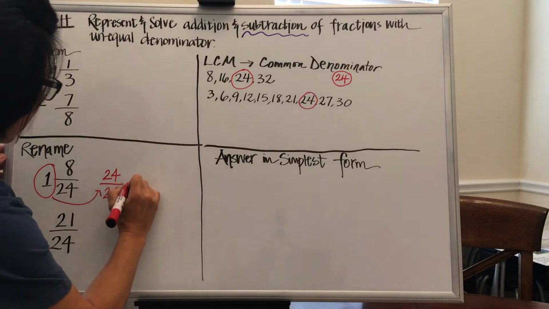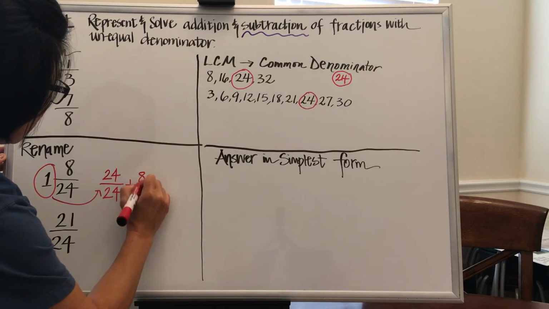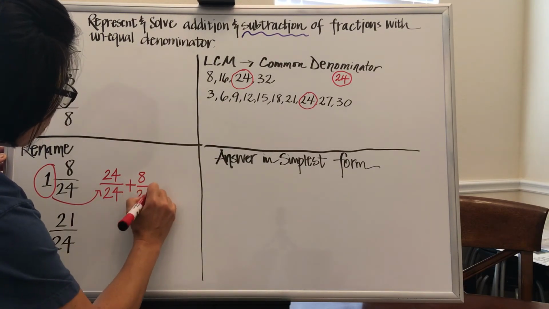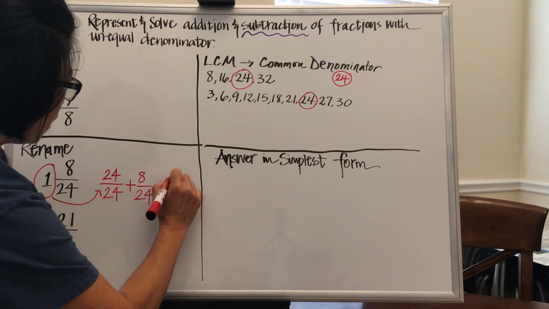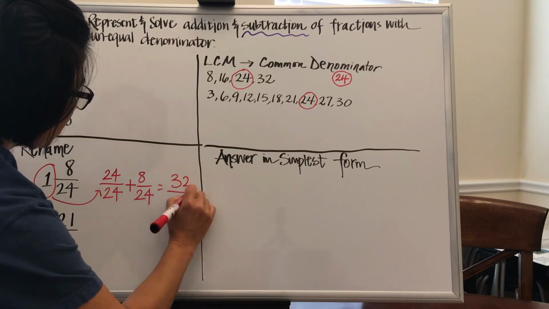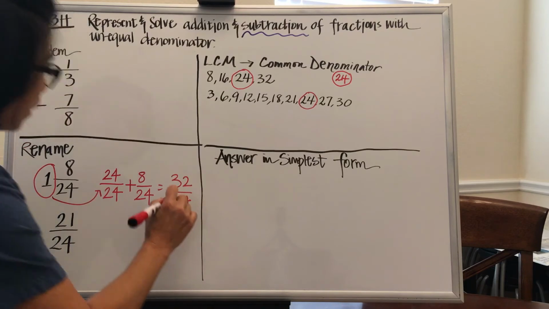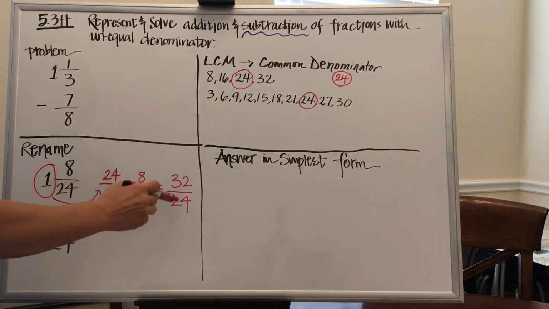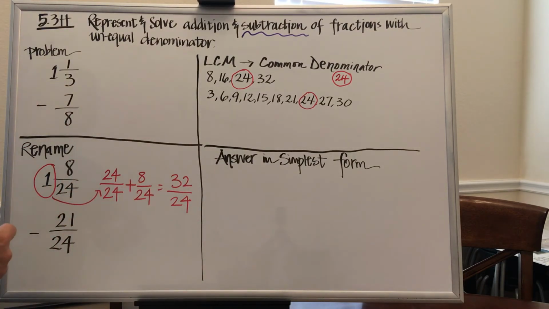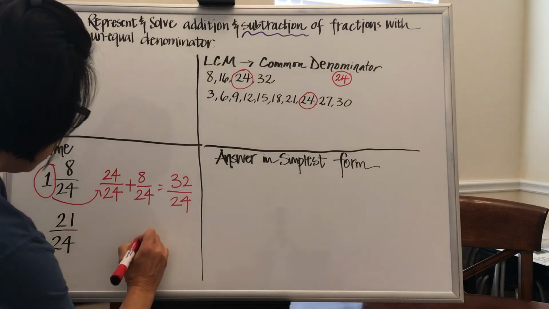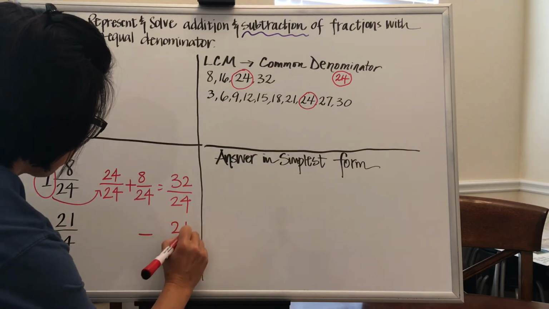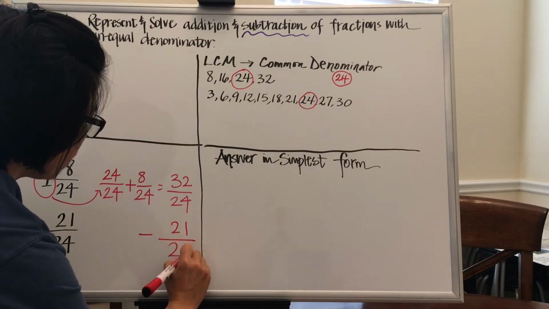Now I have 8, so I've got to add that 8 together with my 1 whole, ending up with 32 over 24. Now my numerator is much greater than 21, and I'm able to subtract this 21. So minus 21 over 24.